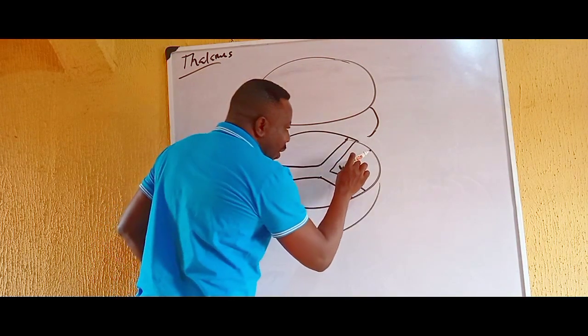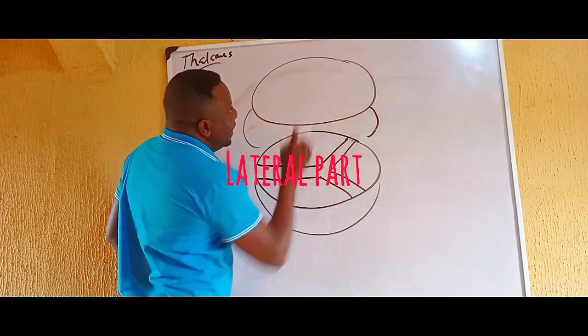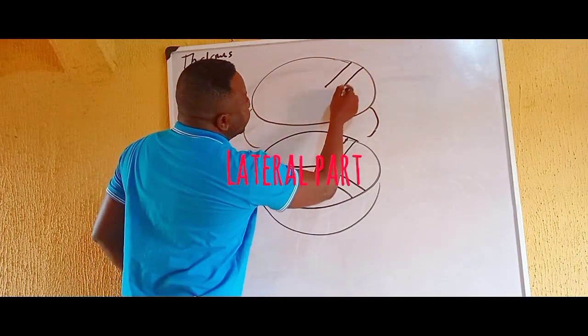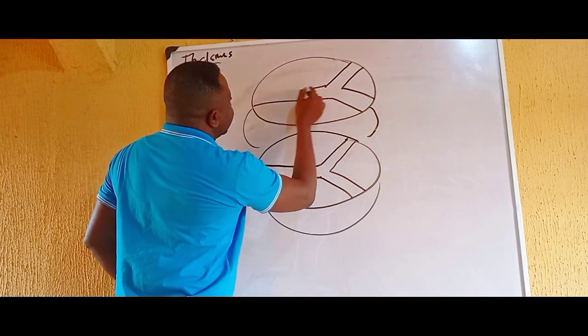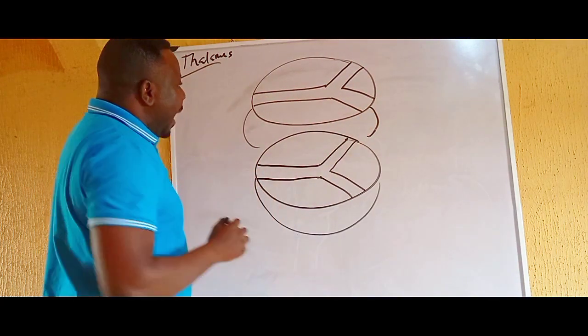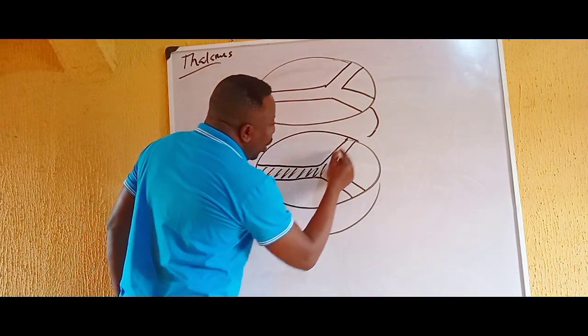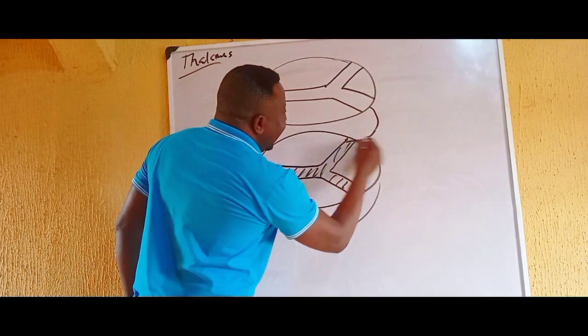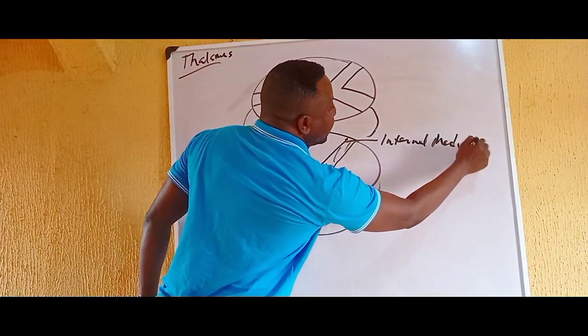And then this Y-shaped structure divides the thalamus into three parts. We have the anterior part, the medial part. The same thing is applicable here. Now, this white matter structure is called the internal medullary lamina.